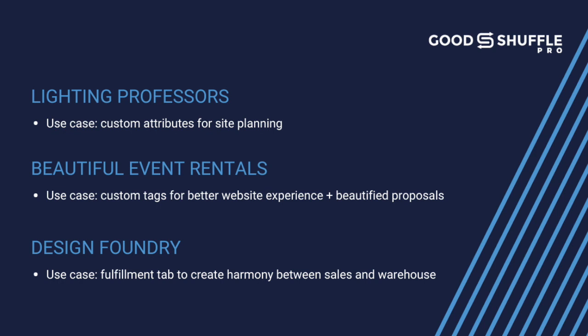And then I am going to showcase a user, Beautiful Event Rentals actually, for custom tags for a better website experience, and also a couple of different ways that her quotes are put together. And then Katie's going to close us out with, when it comes to executing an event, the use cases to create harmony between sales and the warehouse team using the fulfillment tab.